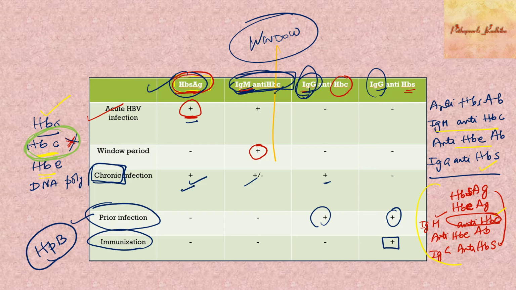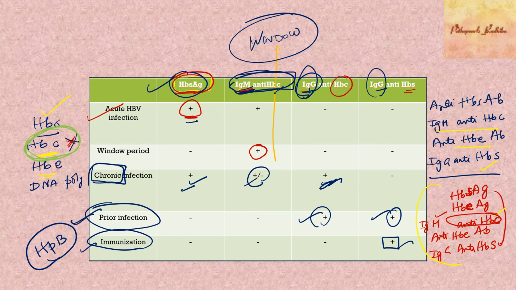So you have surface antigen, your IgM may or may not be present, but you will have IgG antibody against the core antigen. But if you mean a prior infection, that means the patient is recovered, he is no more a carrier. Then they will have IgG antibody, and if you're immunized, you will have only antibody against your surface antigen. So I hope it's clear.